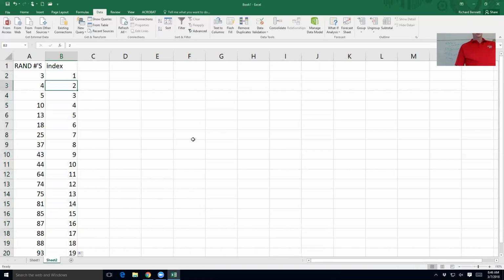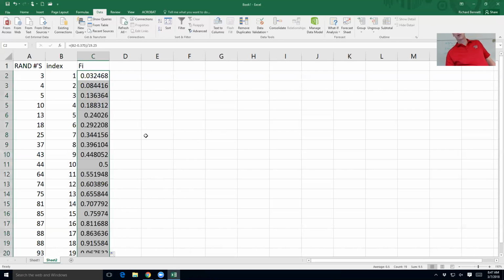Into the equation, so I need to find my S sub I. So this is I minus 0.375, you got my decimal, divided by 19.25, or 19 plus 0.25, you could do that, that's fine. Okay, now what?